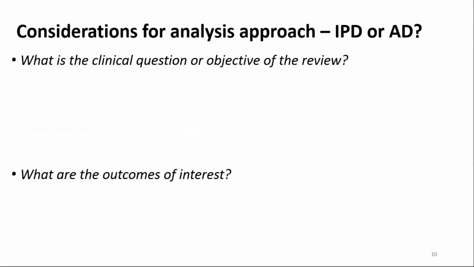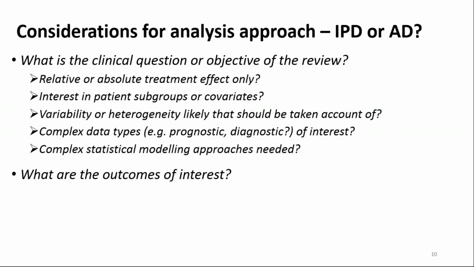So, some considerations for the analysis approach: should you be using IPD or aggregate data? I've posed two questions here to think about when conducting a review to guide which source of data may be more useful. So the clinical question or the objective of the review: is the interest in the relative or absolute treatment effect only, for example, calculating a pooled relative risk or a pooled mean difference?